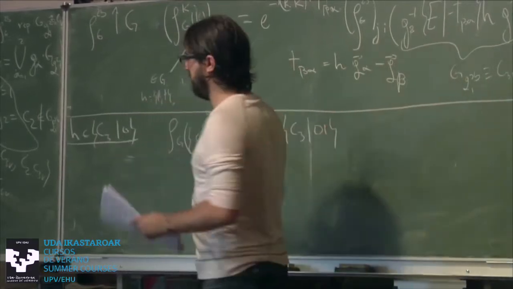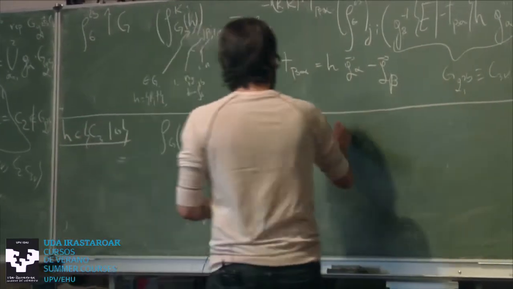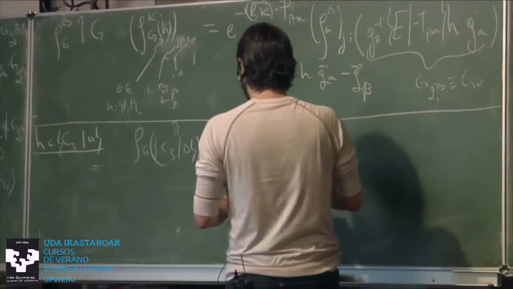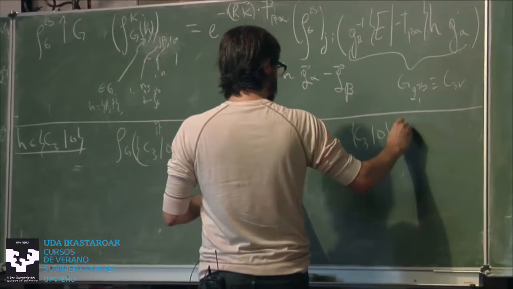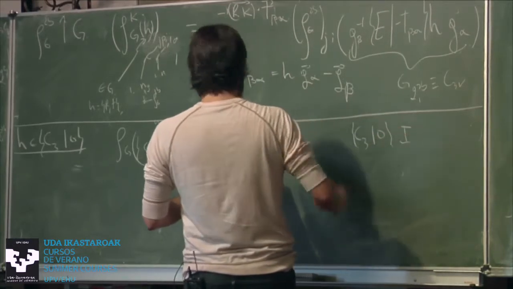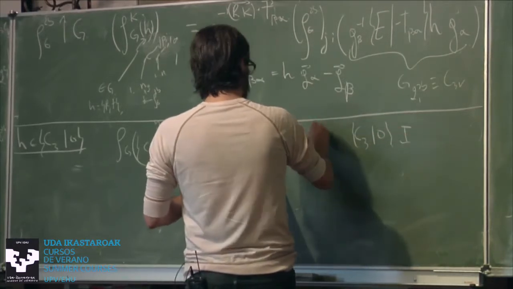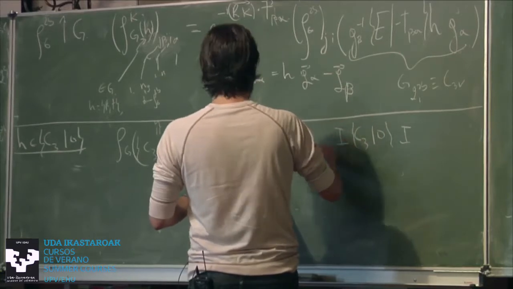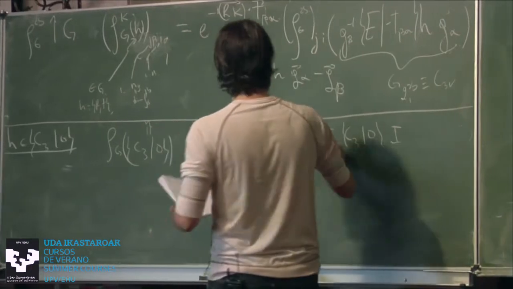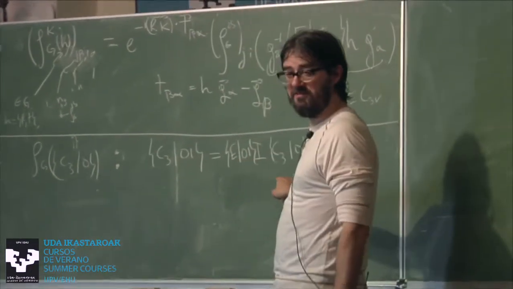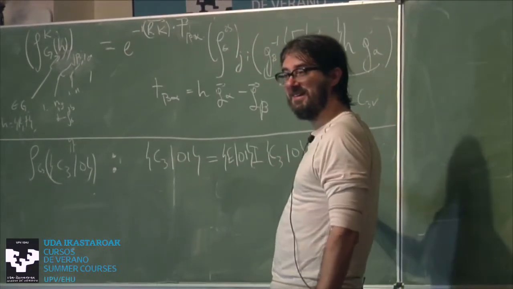C3, 0, 1, which belongs to the site symmetry group, is equal to C3, 0 times identity times E, 0, 1. Well, this is pretty obvious, right? This is identity.